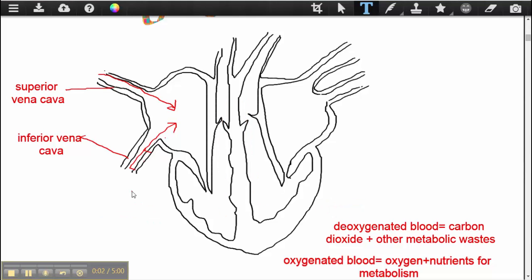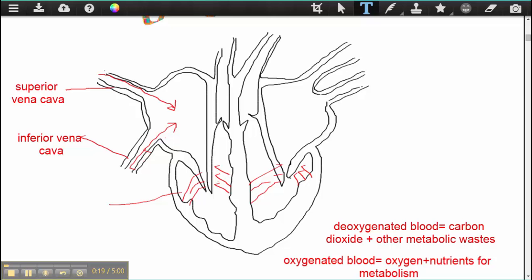The next step here is diastole. The valves are pulled by tendons, which are attached to the ventricle's wall.